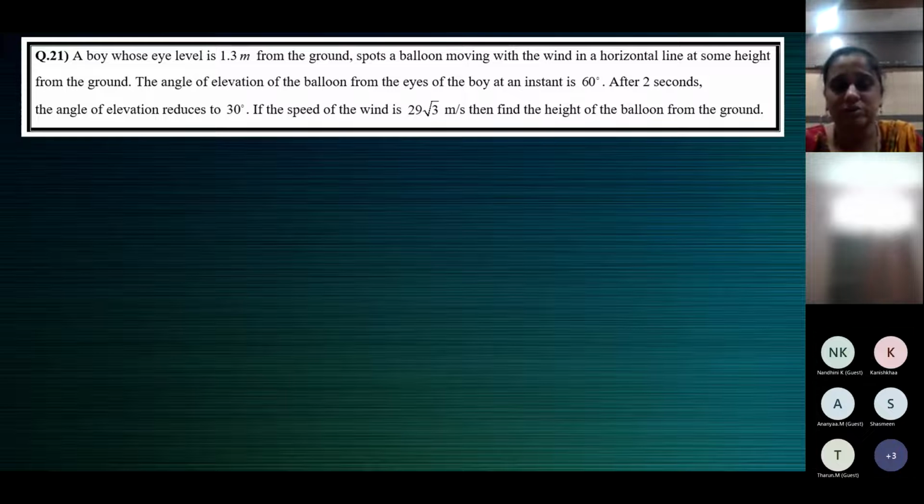The boy doesn't change his position. It is the balloon which has an original and a new position, covered in 2 seconds. Done writing the question?